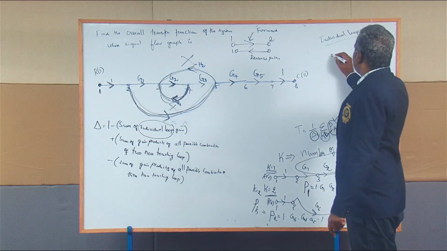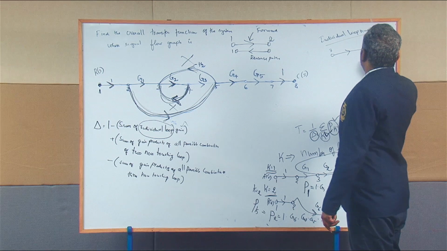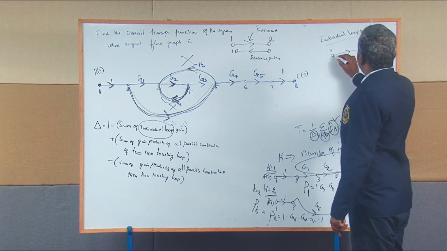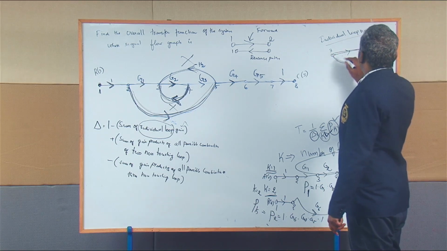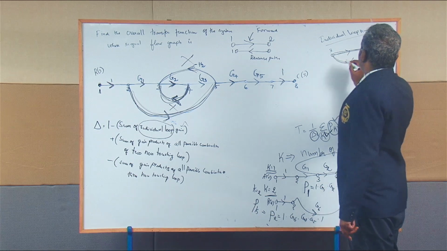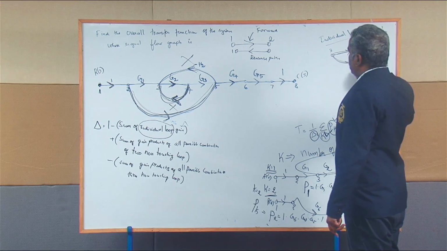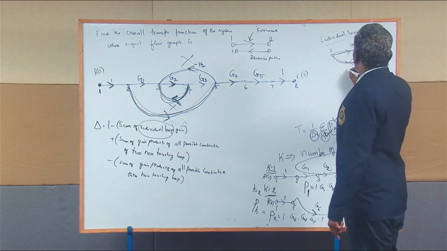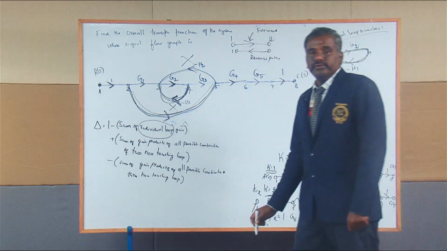So it begins at node 3, the arrow mark is a forward path, and 4 to 3 again it reaches, a circular path. The overall gain value is G2 as well as H1, that is minus H1. In the question itself it is given as minus H1.